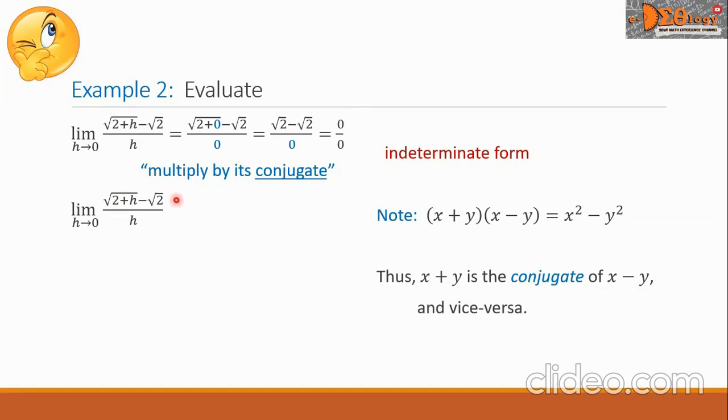Going back to our problem, observe the numerator. We have the first term, the square root of 2 plus h, minus the square root of 2. So the conjugate of the numerator is the square root of 2 plus h plus the square root of 2. Take note that this is minus and the conjugate must be plus, and vice versa.